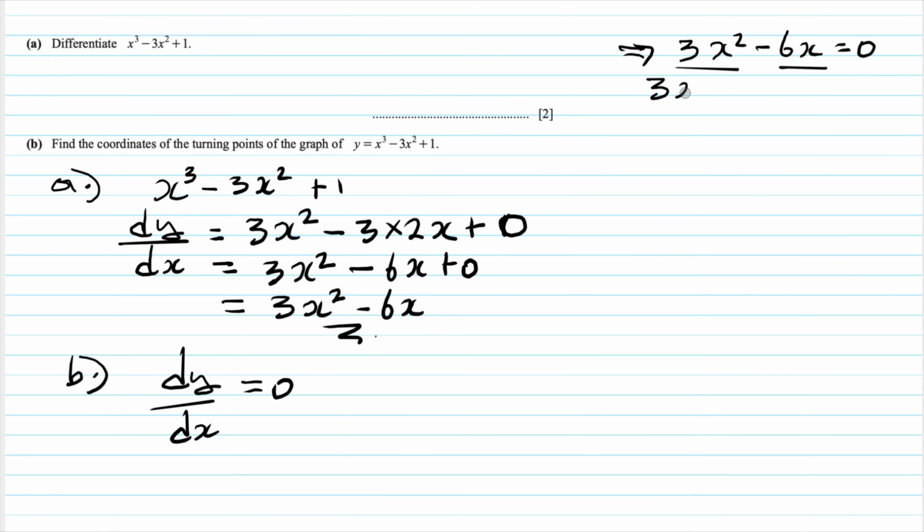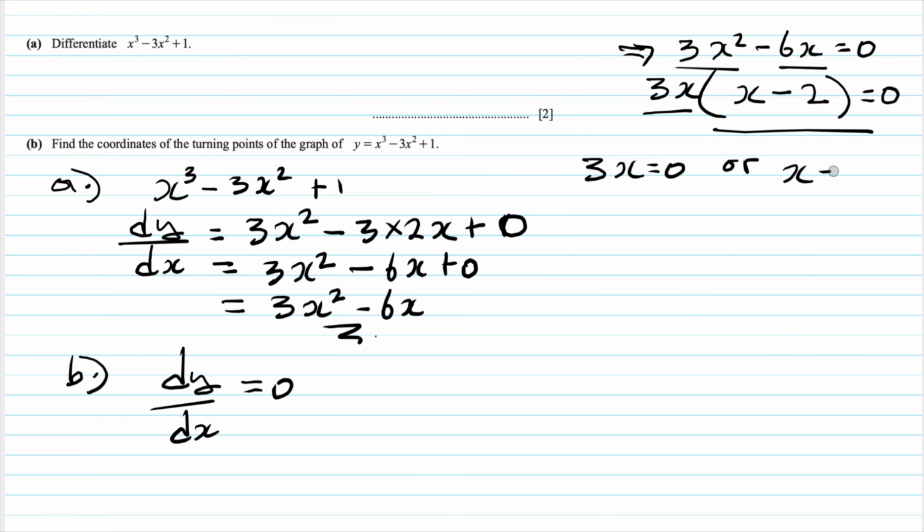So 3x comes outside, and then we have 3x squared divided by 3x, which is x, minus 2, equal to 0. Just like we said in our previous video, either this is equal to 0 or this is equal to 0. So this means that 3x is equal to 0, or x minus 2 is equal to 0.